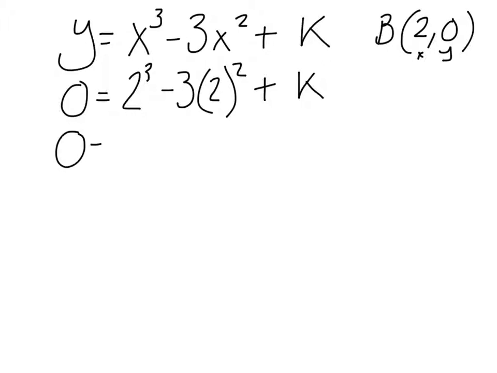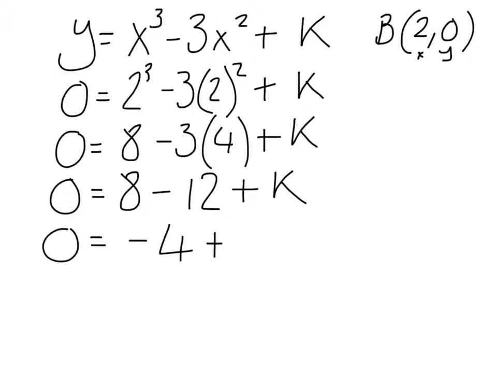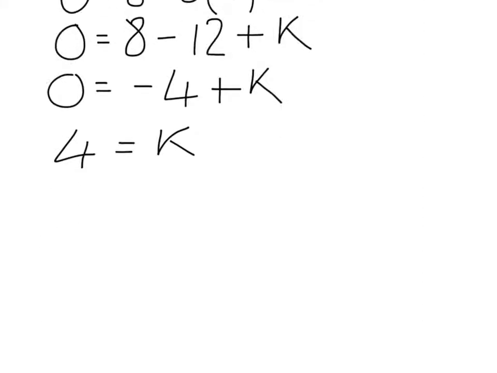So that's 0 equals 2 cubed, which is 8, minus 3 times 2 squared, which is 4, plus k. So that's 0 equals 8, take away 3 times 4, which is 12, plus k. 8 take away 12 is negative 4. So 0 equals negative 4 plus k, which means that 4 equals k, and therefore k equals 4.